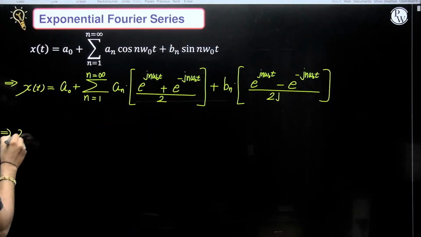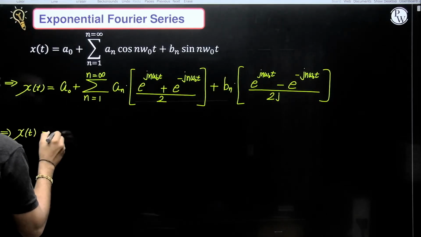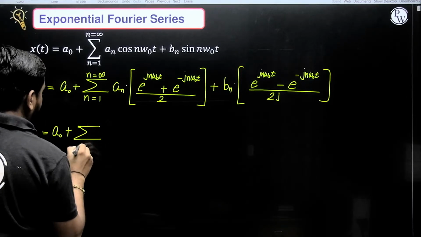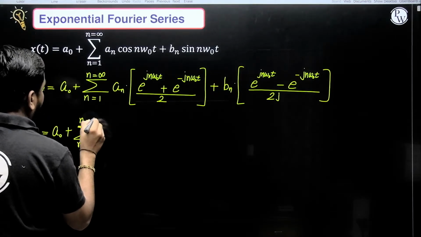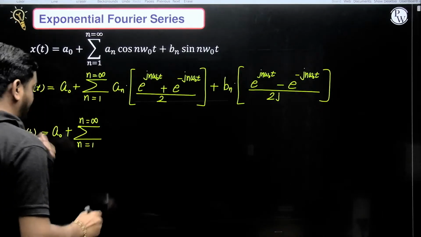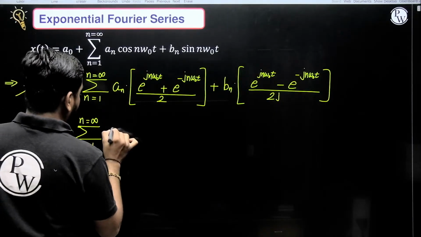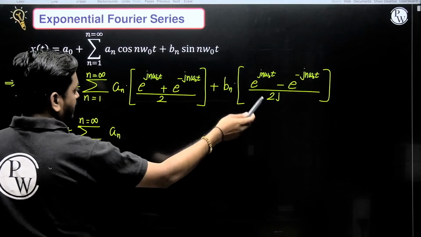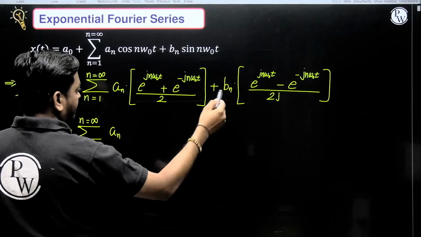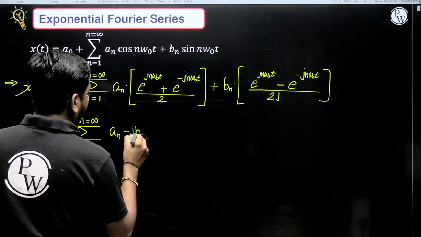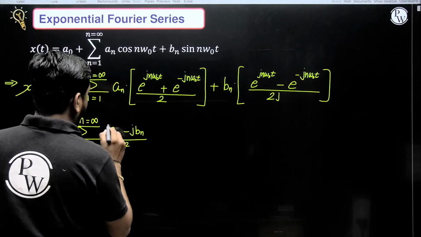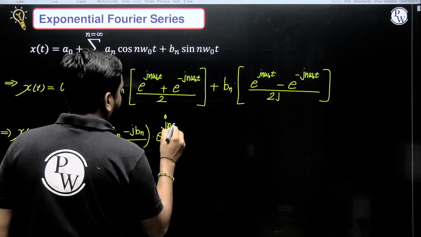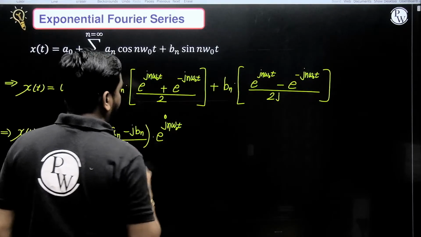Next, plus summation n is from 1 to infinite. Here, as I told you guys, multiply by j in numerator and denominator, this j square is minus, so numerator minus jbn by 2. Correct.